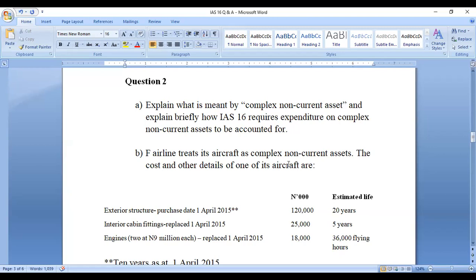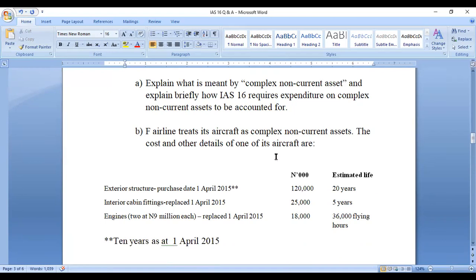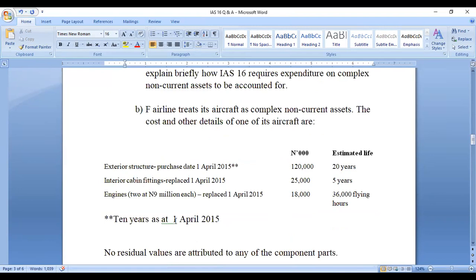The cost and other details of one of its aircraft are: Number 1, exterior structure, purchase date 1st April 2015, 120 million. Estimated life 20 years. Interior cabin fittings, replaced 1 April 2015, 25 million, 5 years.